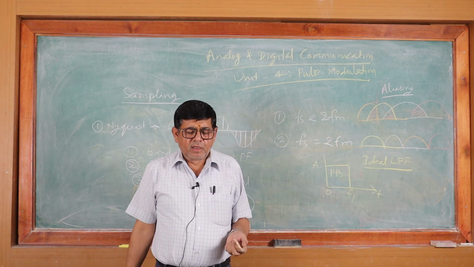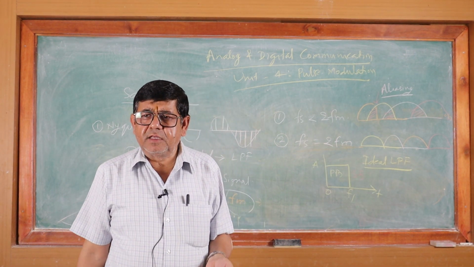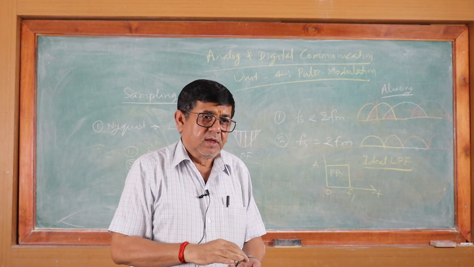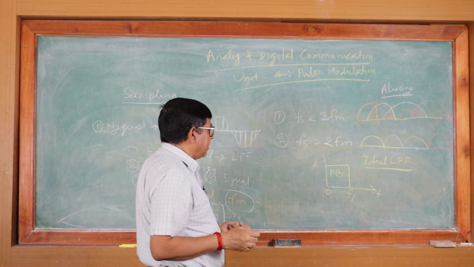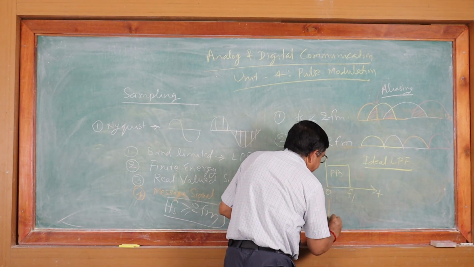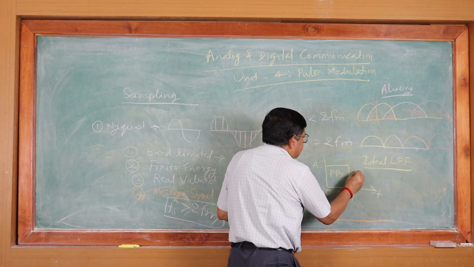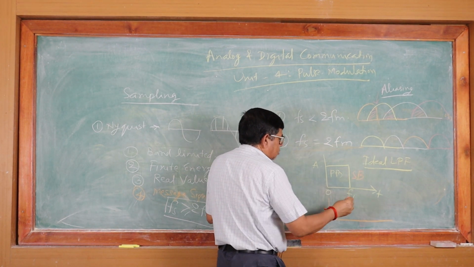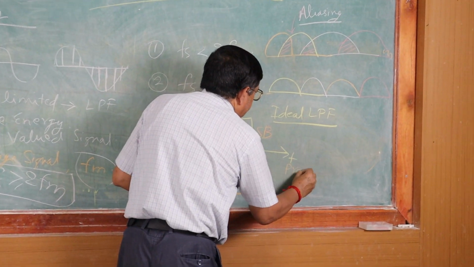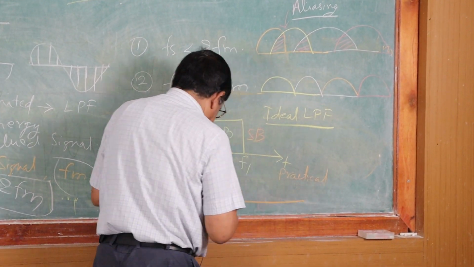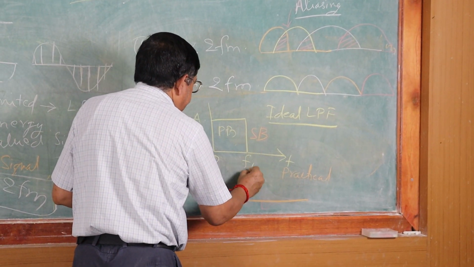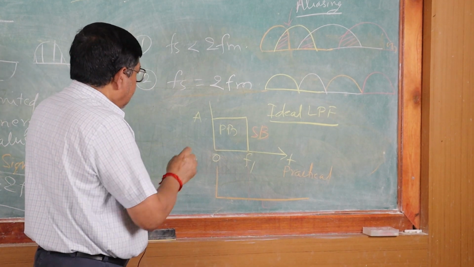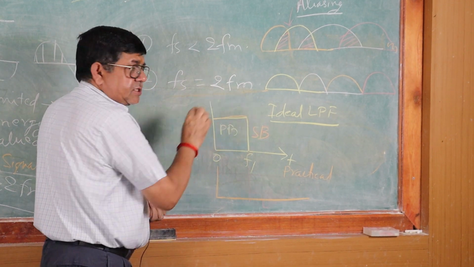But as I said, no device in the world behaves in an ideal way. What will be the practical response of the low pass filter? It will be like this. This is your stop band, and this is your pass band in the ideal case. Practically, if I take this as a reference point, here the amplitude is constant.